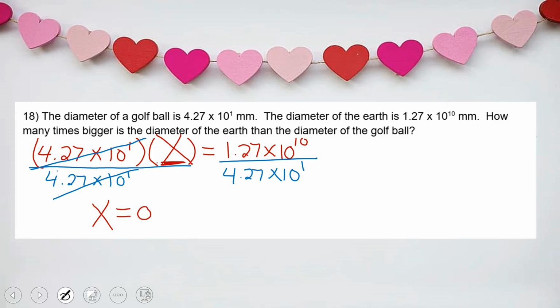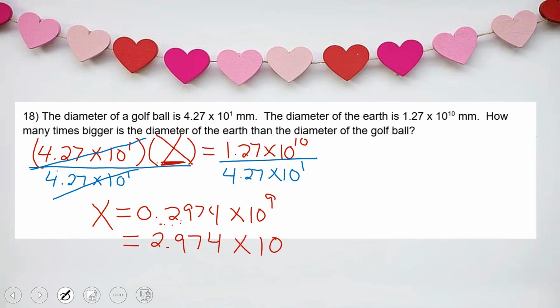And I got 0.2974. I had to round a little bit. And then it would be times 10 to the 9th. But I do need to make an adjustment. This isn't proper scientific notation. I need to move that decimal to actually be between the 2 and the 9.